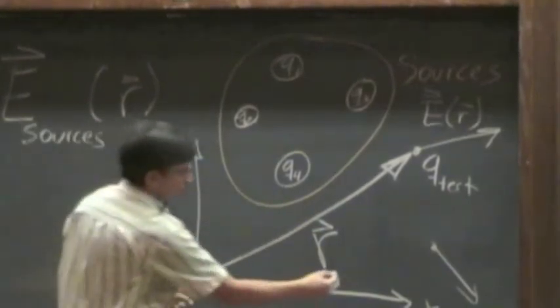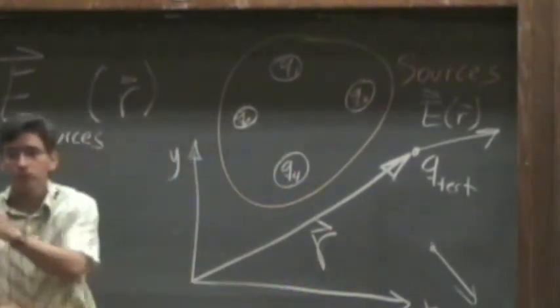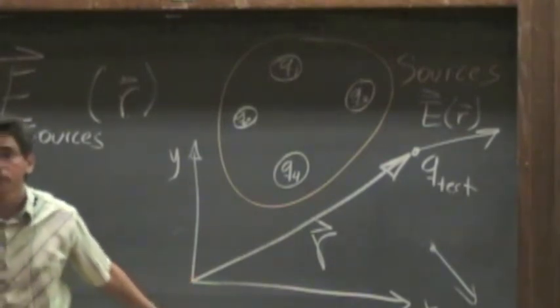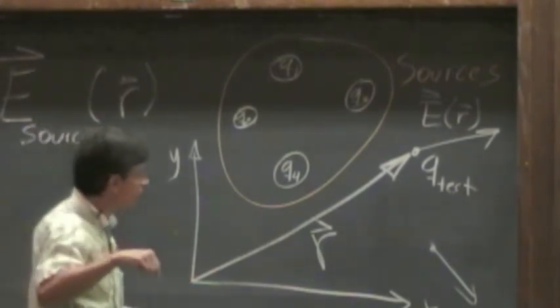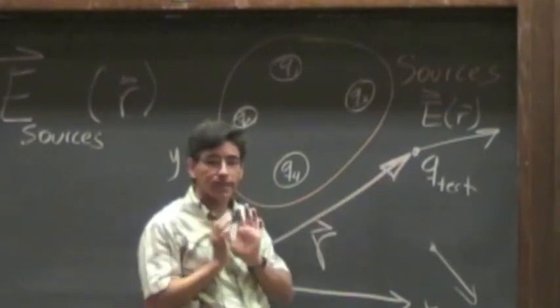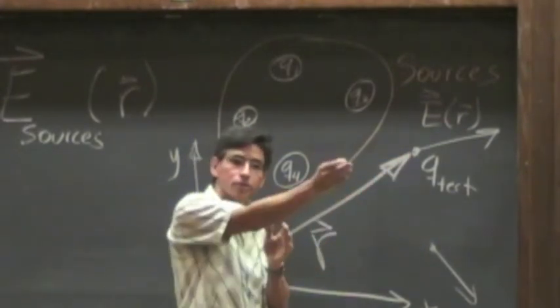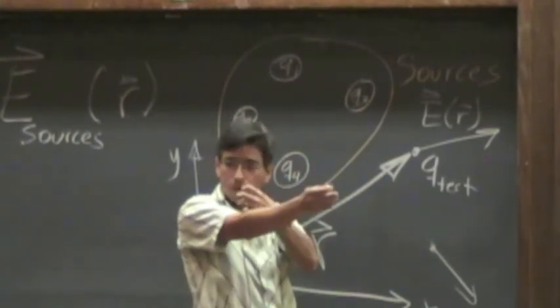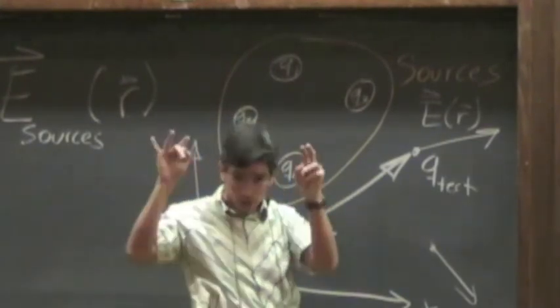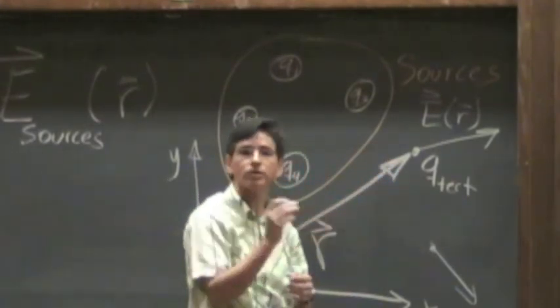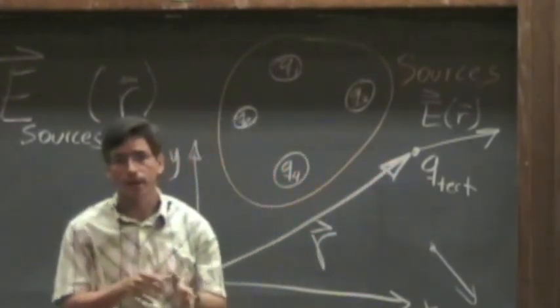But the wind direction at this location is the superposition of the wind produced by that charge over there and the wind produced by that charge over there. At a specific location in space, the wind has a velocity. That is the electric field. It has a magnitude and a direction. If you place a particle at that location, that electric wind is going to push the particle with a certain force in a certain direction.